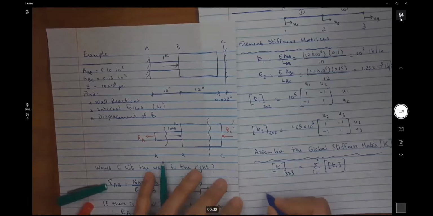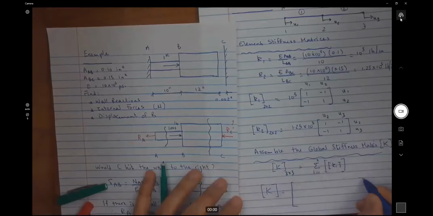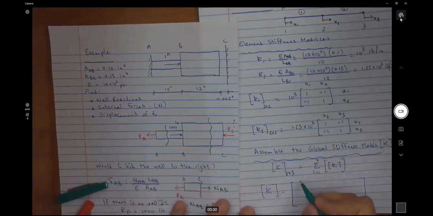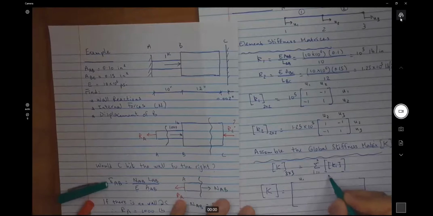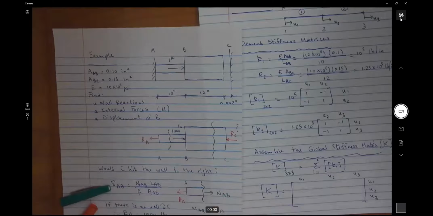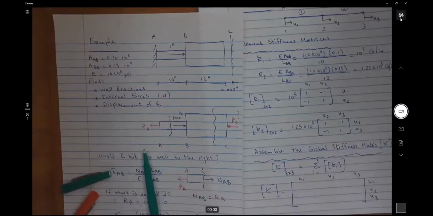So now I'm going to write this K as equal to, so here I'm going to have U1, U2, and U3, U1, U2, and U3. And I'm going to do the summation.